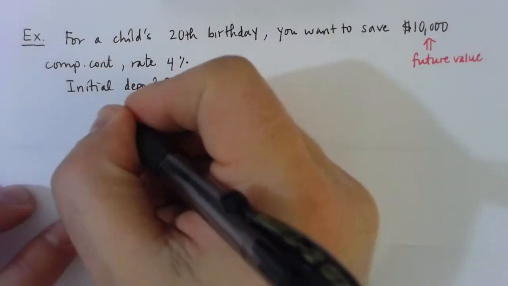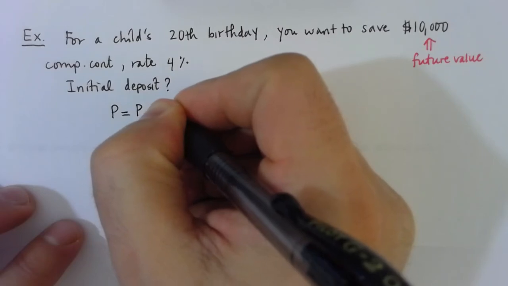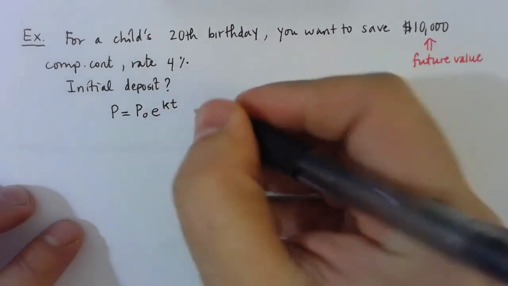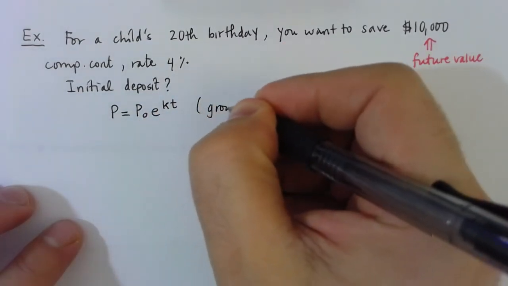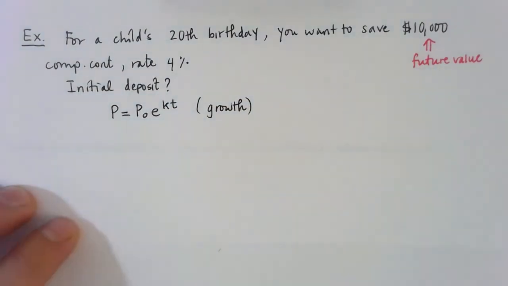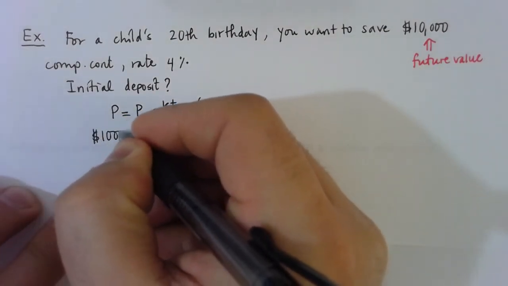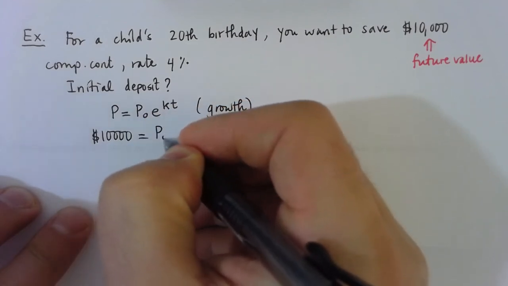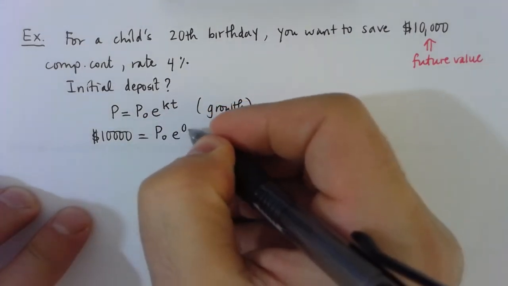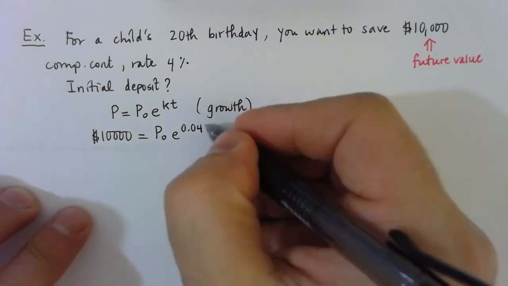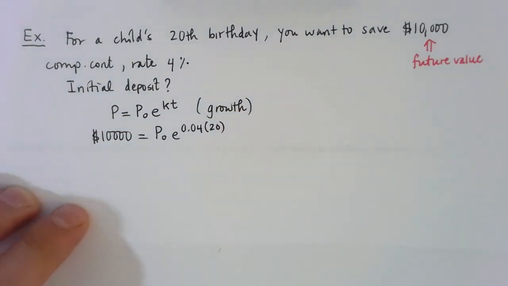So we have P equals P0 e to the kt, because this is the growth account, and now the future value is given to be 10,000, and the initial value is not given. E to the power is 0.04 multiplied by 20, because that's the number of years.